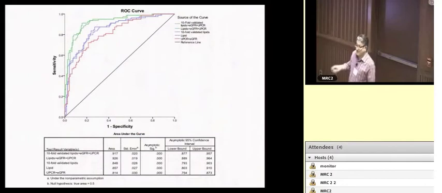We did it in the entire cohort, combined training and test set, and we repeated the tenfold validation method. And again, we are showing that by adding the lipid panel to the base model, you get improved C statistics. And these are the area under curve that you can see. It improves from 0.81 to 0.91. And that's highly statistically significant.